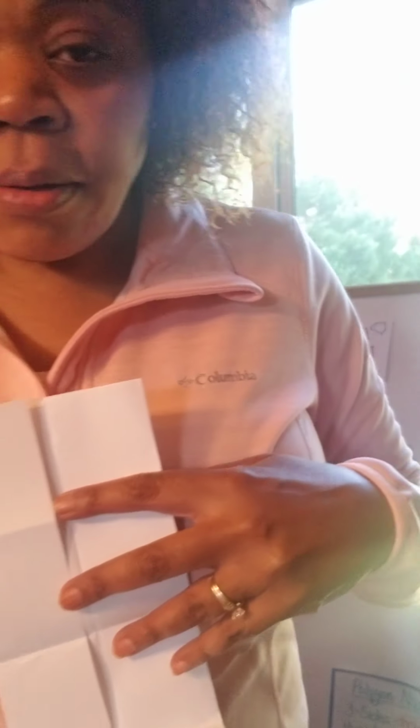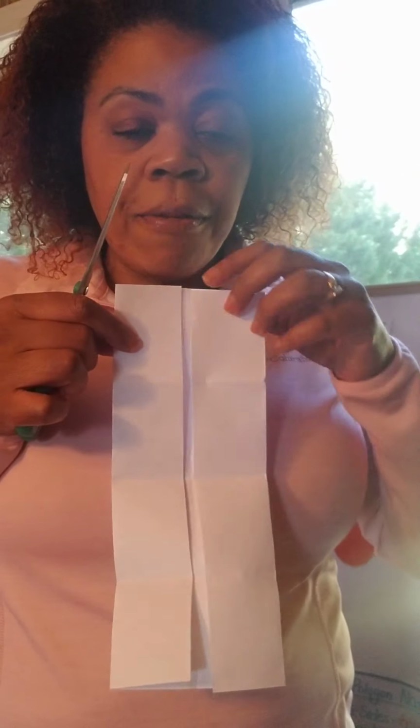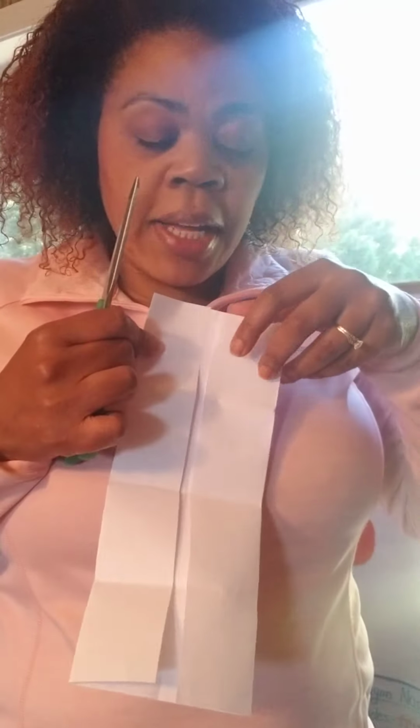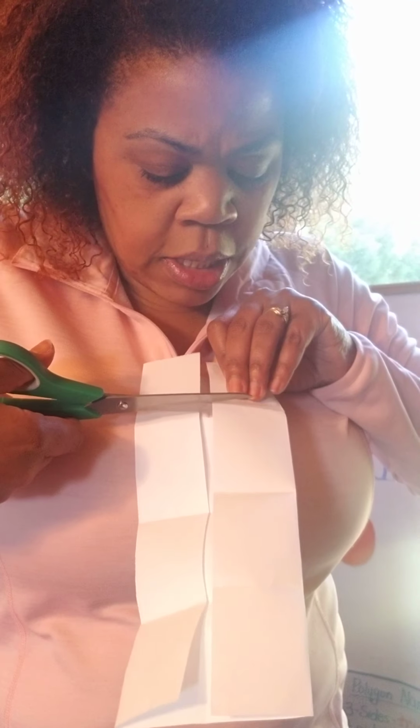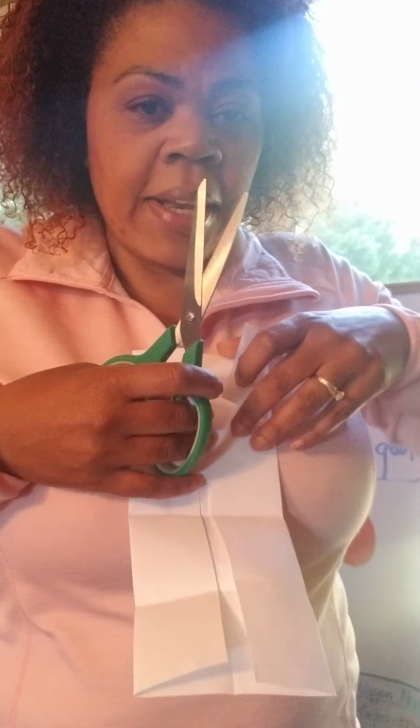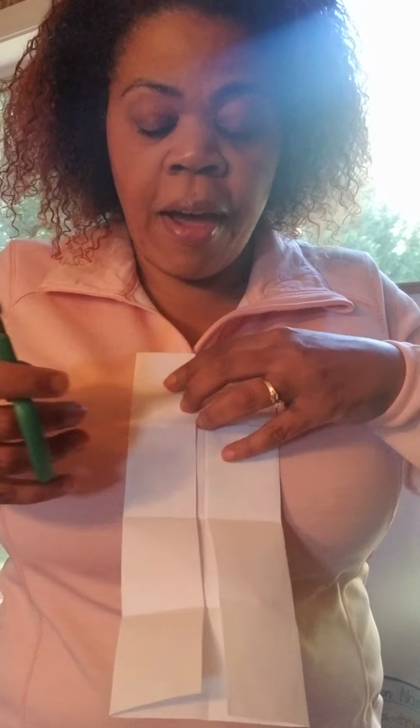Now, all you're going to do to make the little flaps is cut. Just take your scissors and cut to the end. Don't cut all the way through, just so that you have that little door.